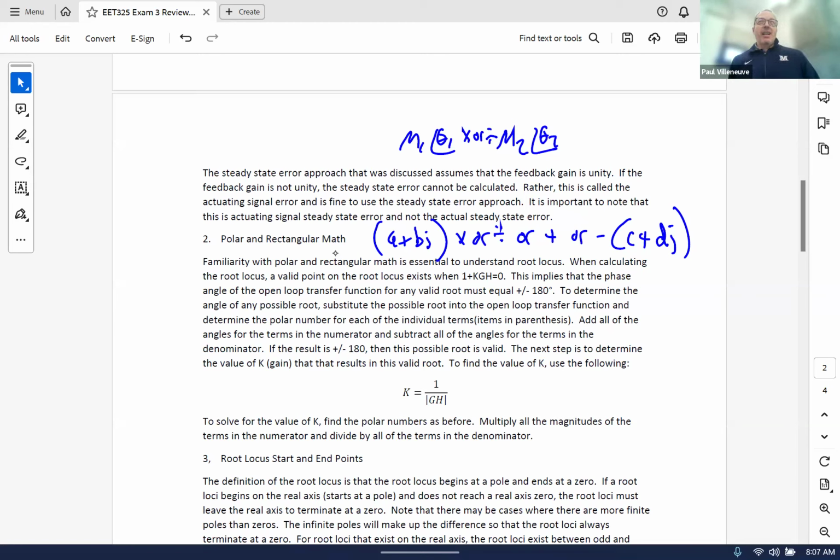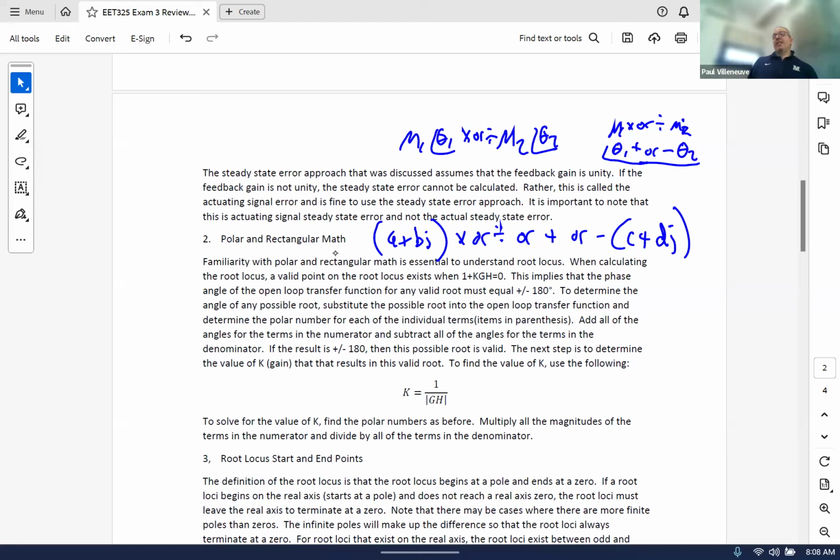But multiply and divide is a real piece of cake. So what we do, if we multiply or divide, we either multiply or divide the magnitudes. And the angles are going to be either added or subtracted to get that.